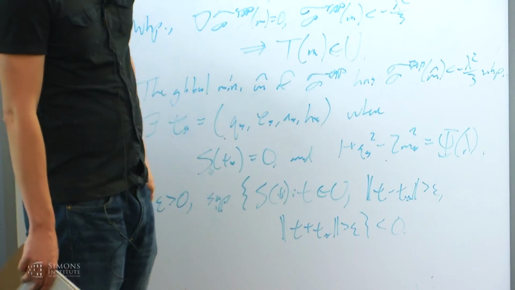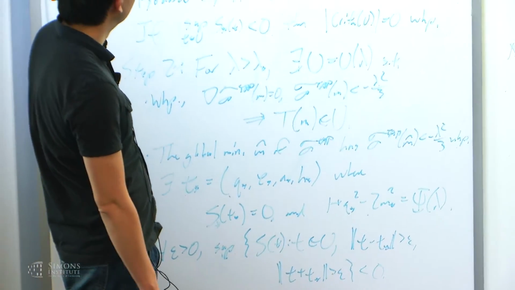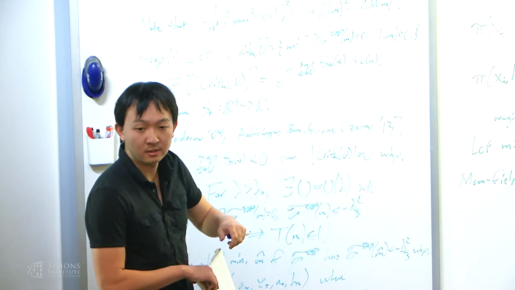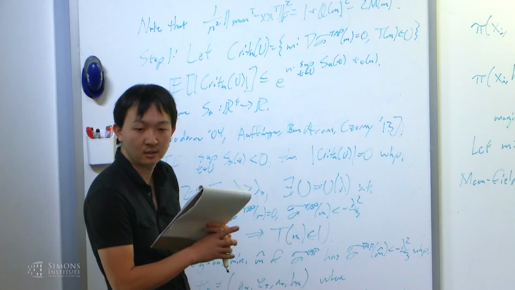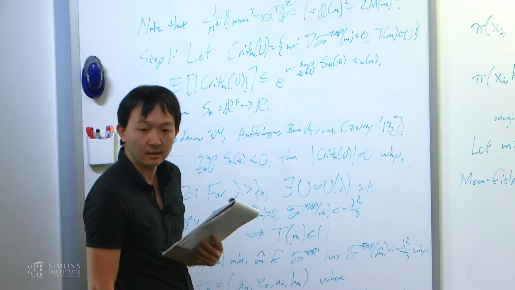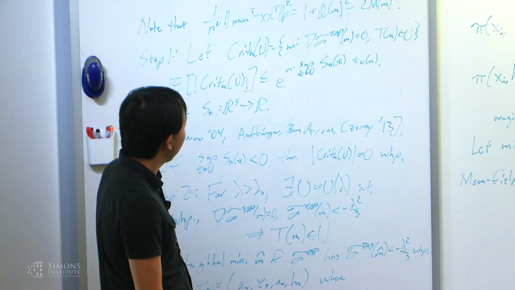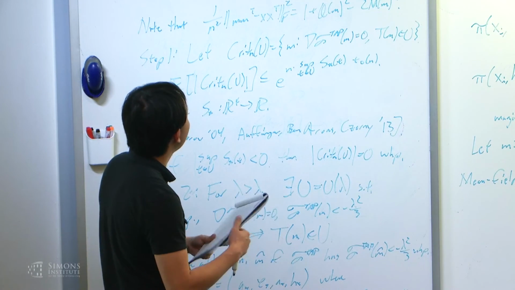Does the complexity come from both terms or one of them? The complexity function here? Yeah. What do you mean by both? I mean, the complexity of the critical points, that you have so many critical points. Yeah, you have the term up there, right? 1 plus Q m squared minus 2.